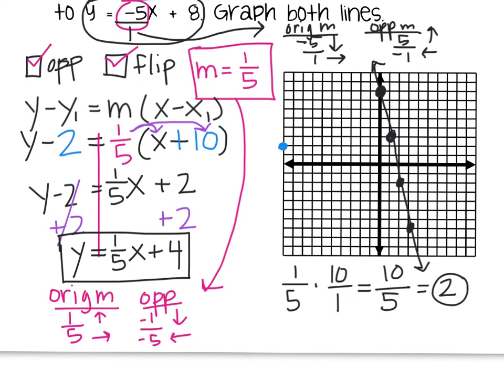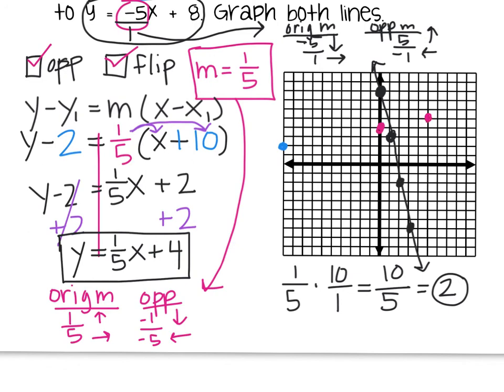I'm going to begin by making a dot at my positive 4, which is my y-intercept, counting up from the origin in the positive direction. And I'm going to go in my original slope direction, up and to the right. I'm going to go up 1 and to the right, 1, 2, 3, 4, 5, make a dot right here.